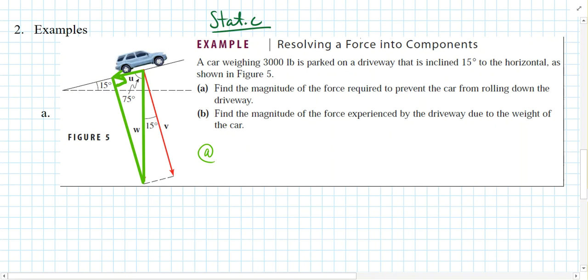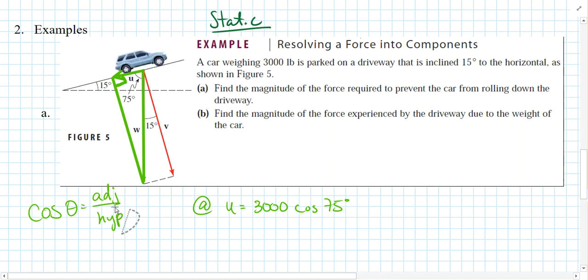But in question A, the length of u is going to be equal to the length of w, the magnitude of w, 3,000 pounds, times cosine of 75 degrees. And I recognize this because cosine of some angle is equal to the adjacent side length divided by the hypotenuse.